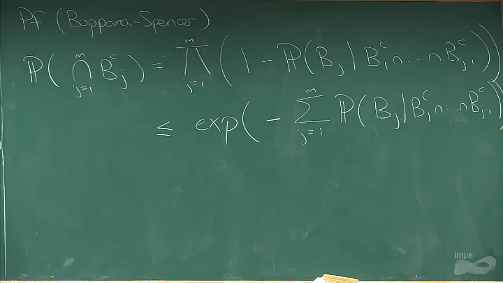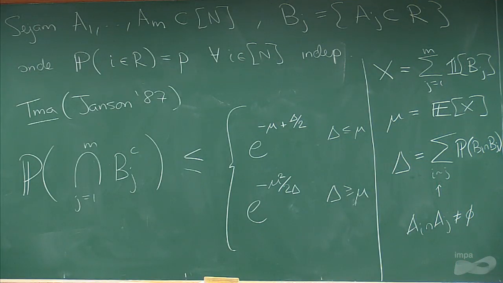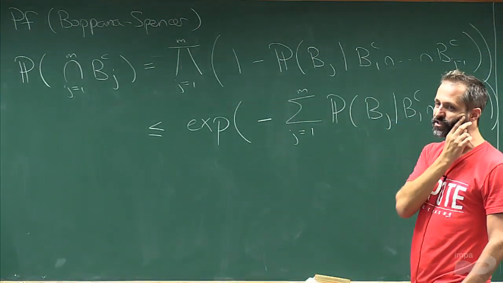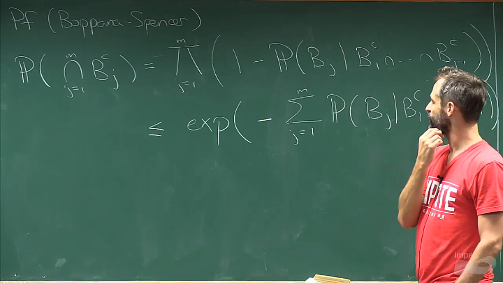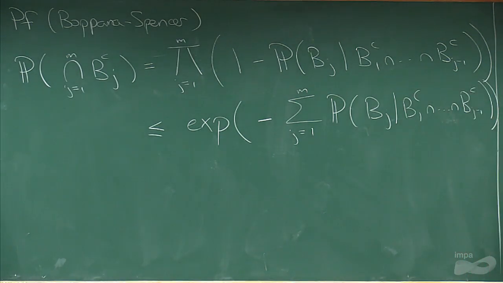Okay. So what we want is to show that this sum is at least mu minus delta over 2. And here's the claim which will imply that.